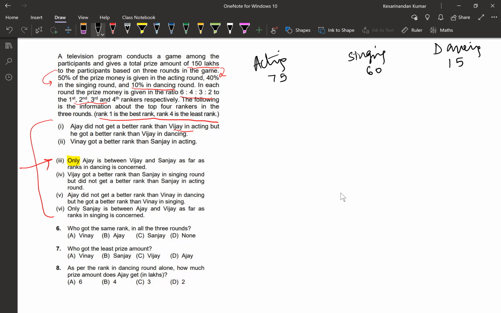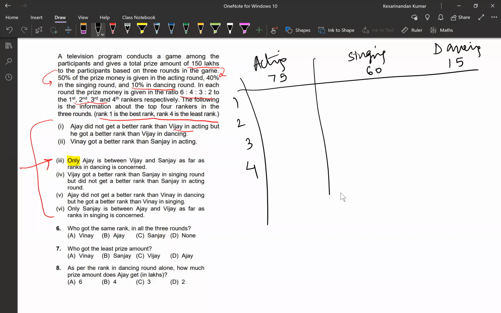Okay. We'll leave that for now. We won't consider that. We will have 1, 2, 3, and 4 for now. If it comes to it, we'll see how much is required. So Ajay did not get a better rank than Vijay in acting.